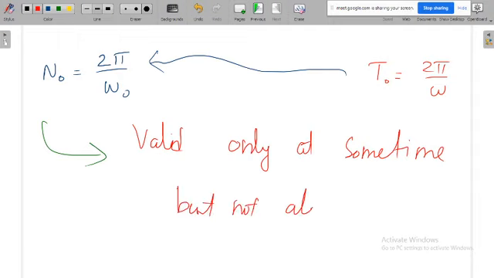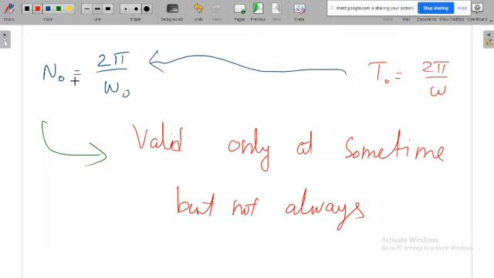So there are some other conditions. When it is not valid, we will have some other condition. We will analyze that condition, and then we will prove under what condition this formula becomes valid. If it is not valid, we have to use some other formula, just an extension of this one.